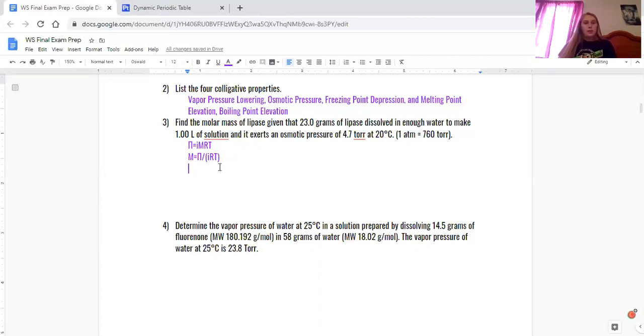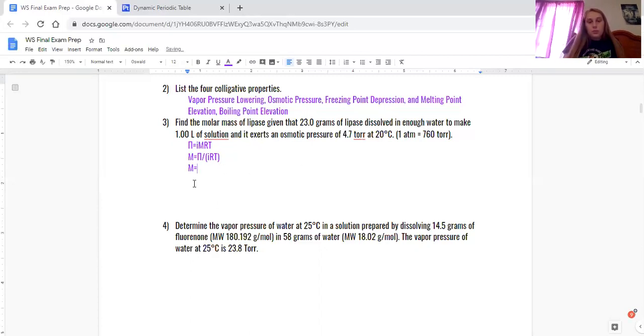So we can go ahead and see what we know to start figuring that out. We have our osmotic pressure in torr. So let's go ahead and turn that into atm, and then we can put that on there.